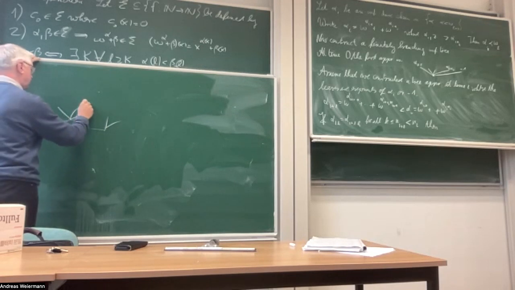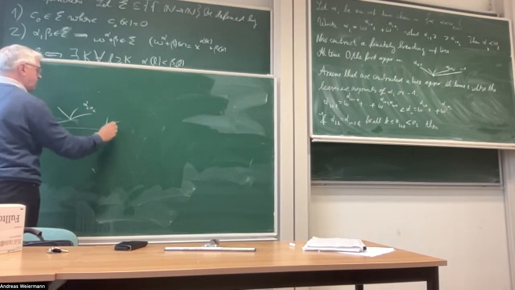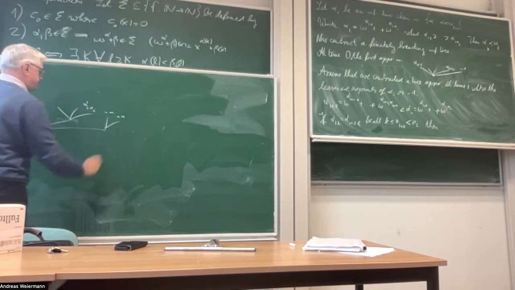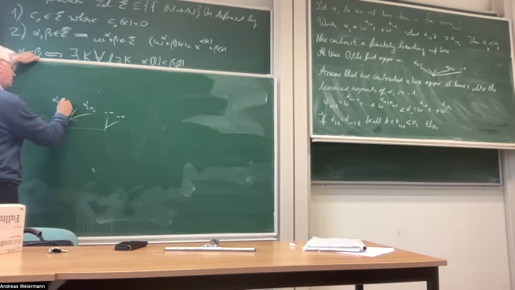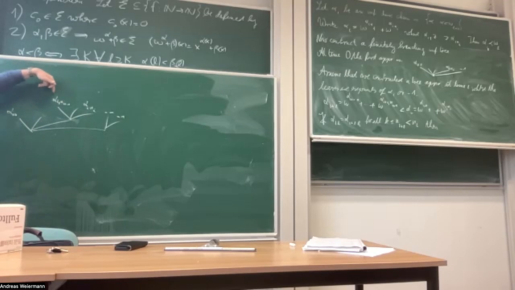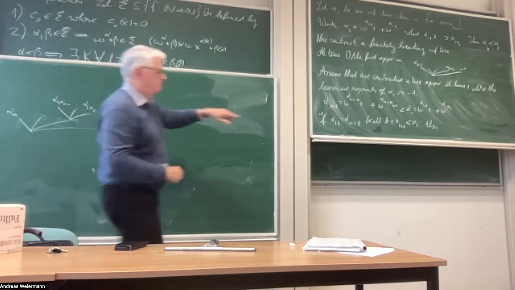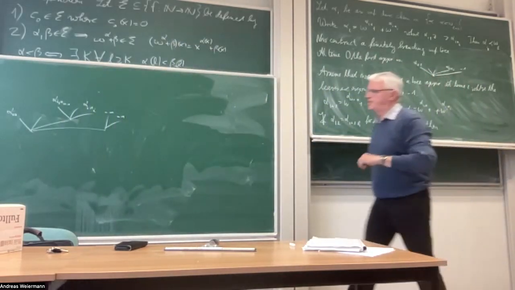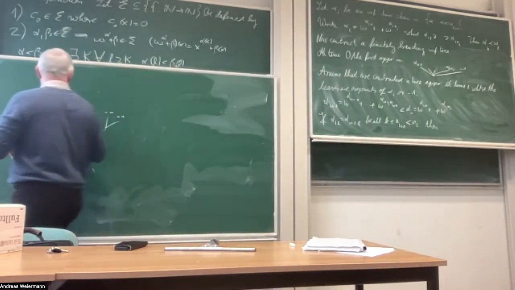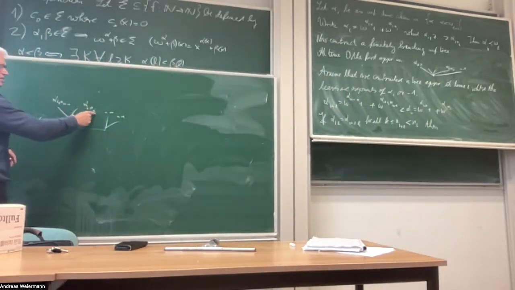Here's maybe alpha i n i. Different minus ones. And let's say this alpha i n i plus 1, which is the same as alpha i plus 1 n i plus 1. So here in the beginning they are the same, but n i plus 1 is smaller than this one.